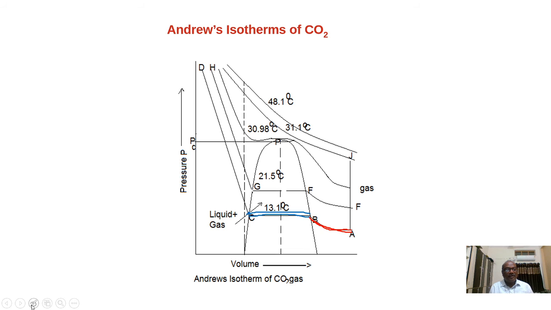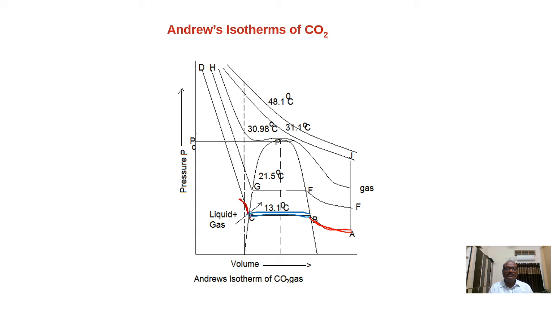After reaching point C, if you use any pressure on the liquid, because in the liquid state the molecules are very close to each other, you can see only a small change in the volume, a steep line.